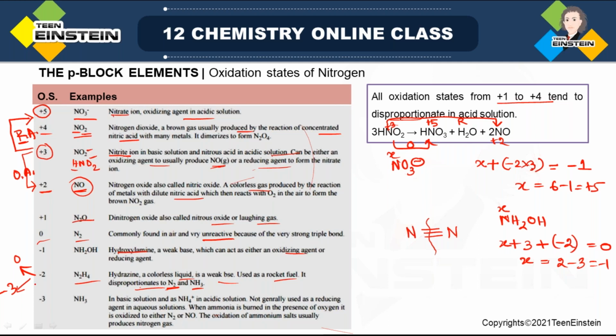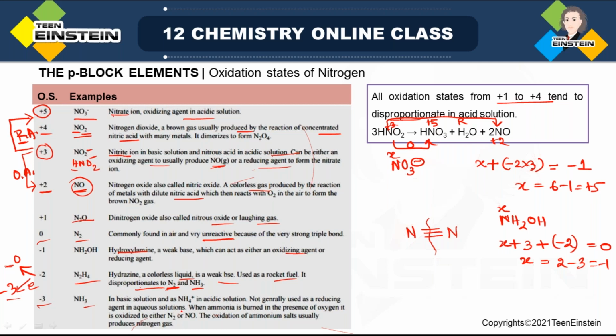So when -2 has lost an electron, the oxidation state is converted to 0, and when it has gained 1 more electron it will be converted to -3. The next species has oxidation state -3. In basic solution it can exist, because NH3 is basic in nature. So if you put it in basic solution, there will be no reaction.